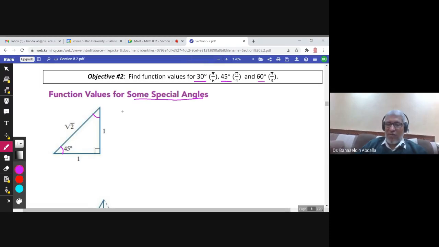So what is sine 45? Opposite over hypotenuse. If you multiply by square root of 2 over square root of 2, you will get square root of 2 over 2. And the reciprocal of sine is cosecant. So cosecant 45 is square root of 2, the reciprocal of 1 over square root of 2.